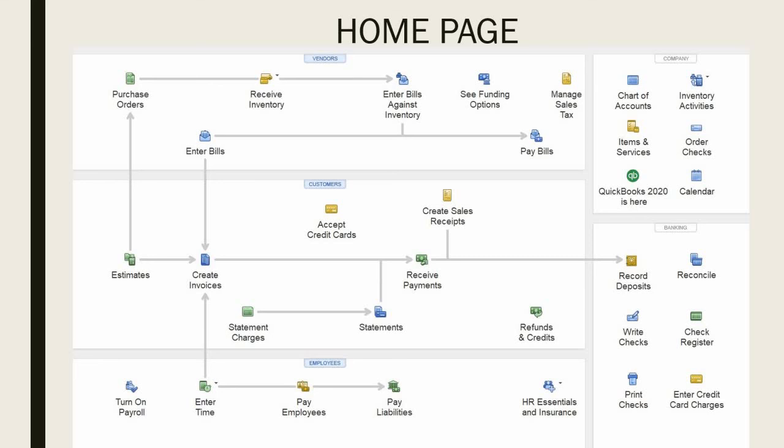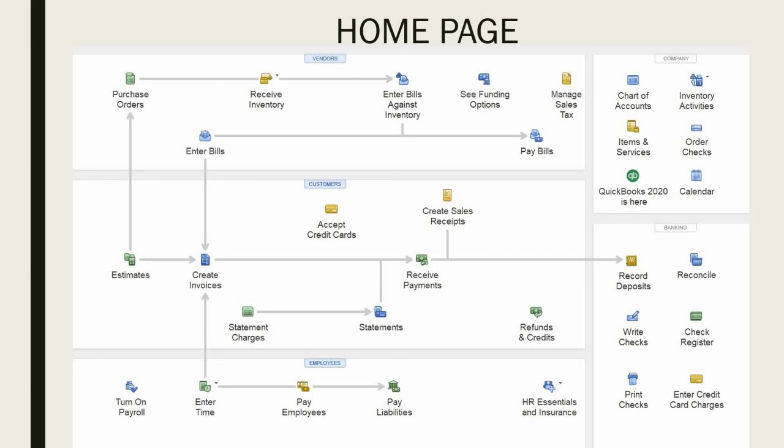As you can see, the home page is broken into 5 different sections. The top is your vendors and expenses, where if you enter a bill, you follow that line through, which means you have to pay the bill. Straightforward, right? The middle section is your customers, where if you bill a person, then you're going to receive the money, then you're going to deposit that money into your bank.